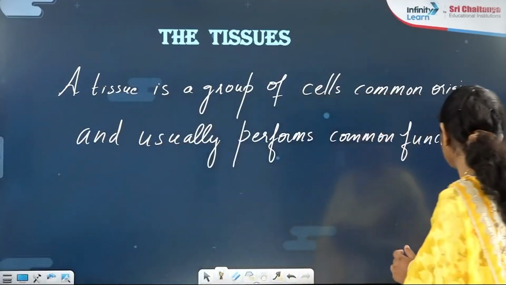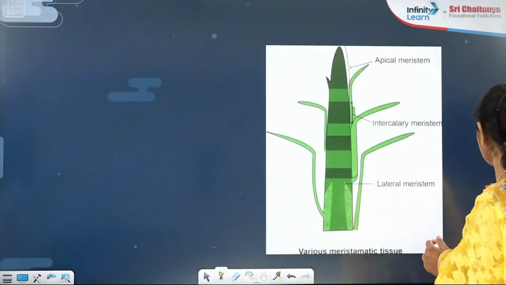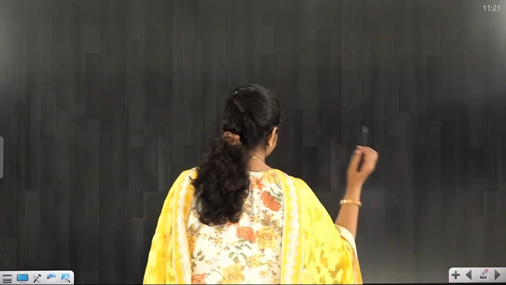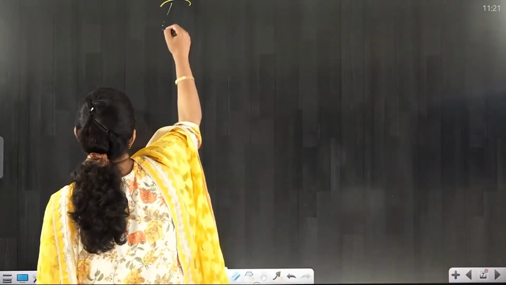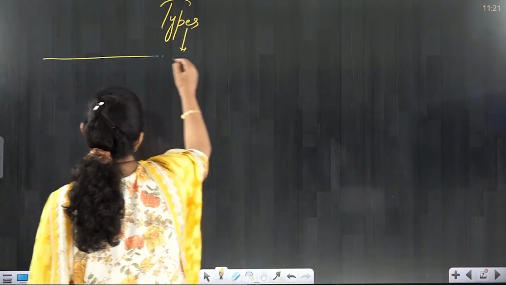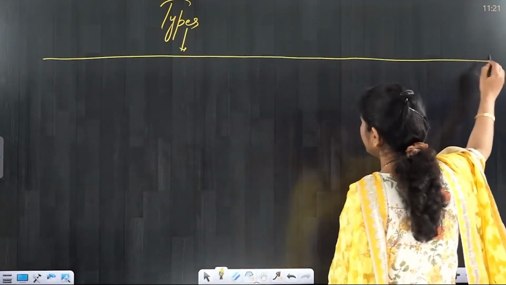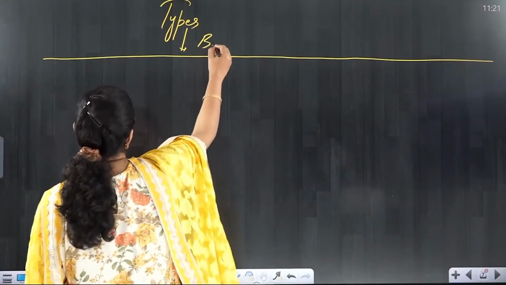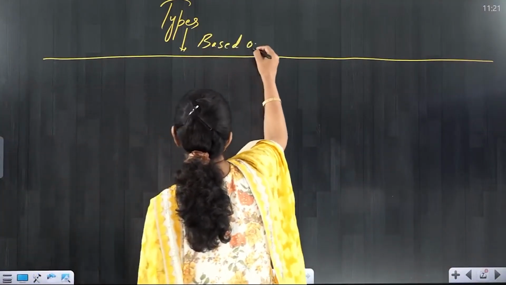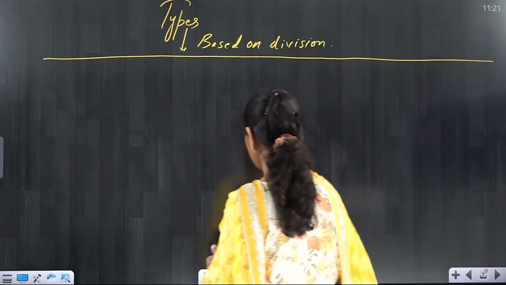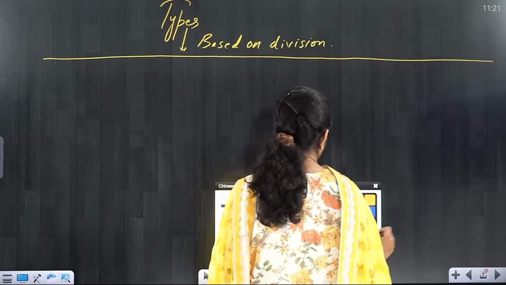If we now discuss the types of tissues, you will find the types based on the concept of whether they are dividing or not. That is, based on division, right? How many types will you find? Two types.